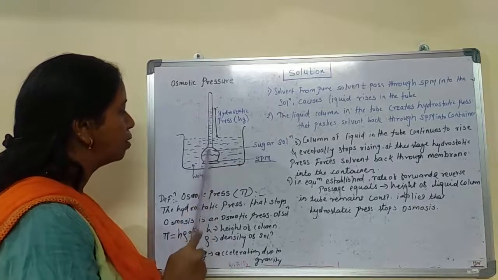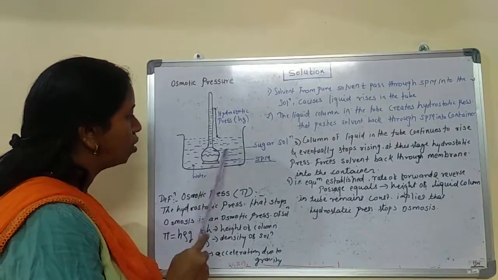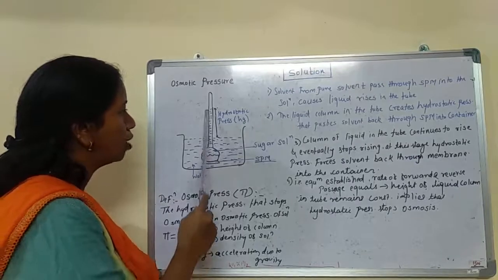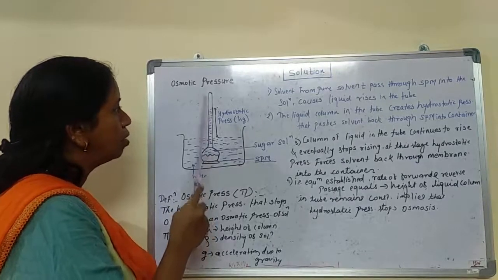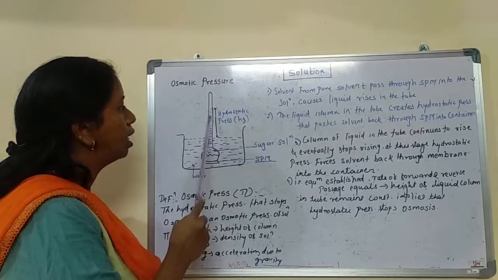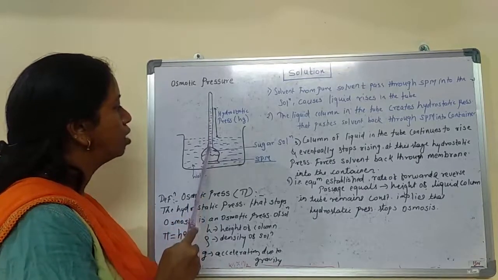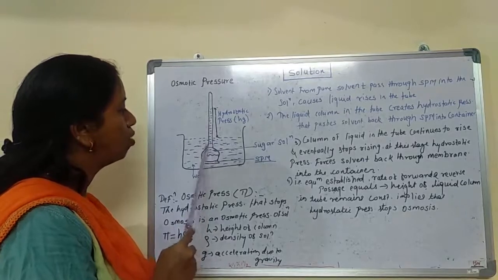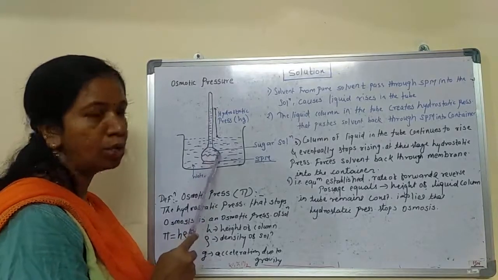Here the solvent molecules try to go into the liquid column, and due to the hydrostatic pressure developed in the liquid column, the solvent molecules are pushed back into the container.